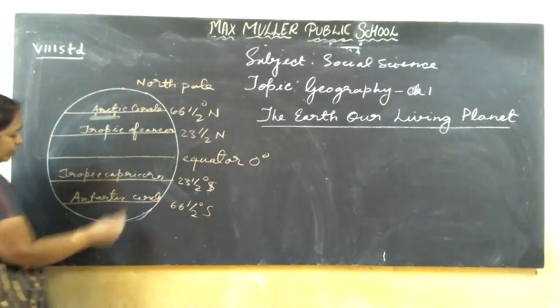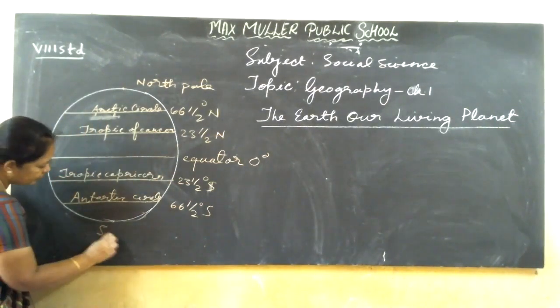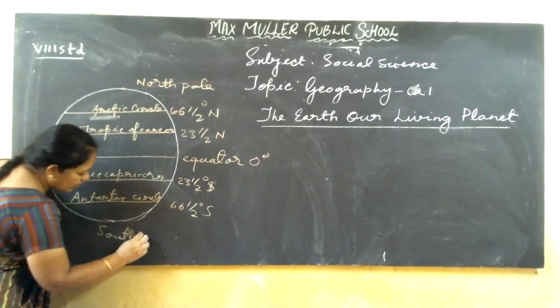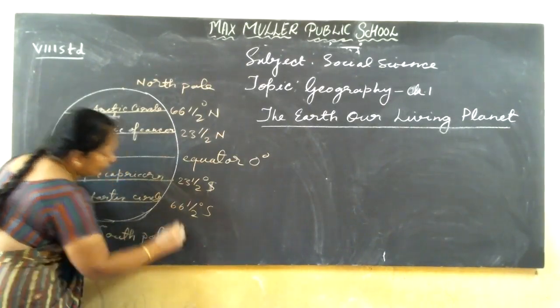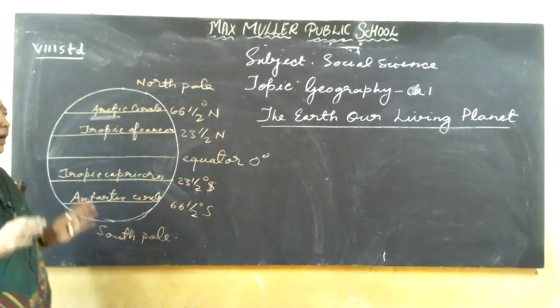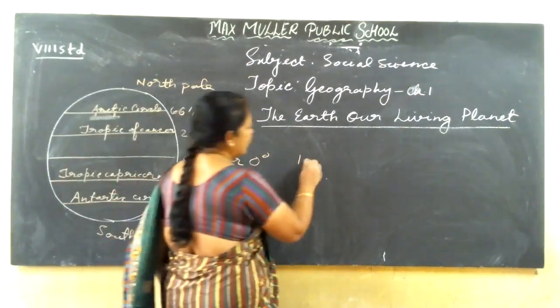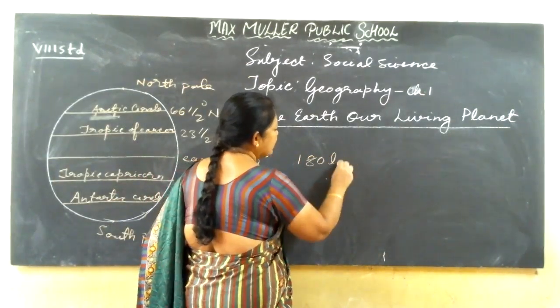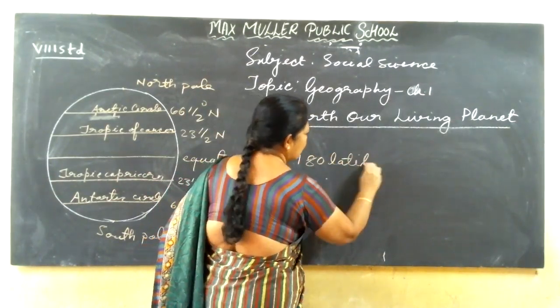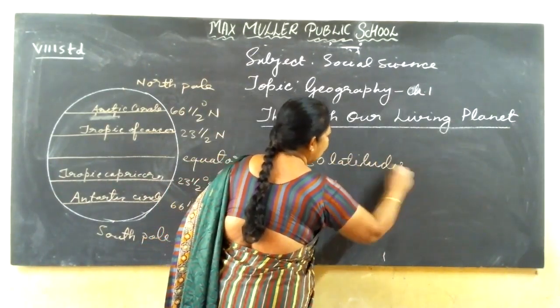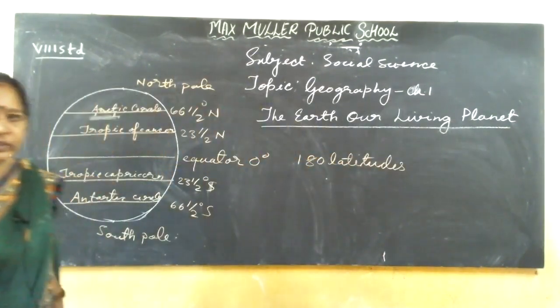And we have the South Pole. And together we have 180 latitudes. How many latitudes? We have 180 latitudes.